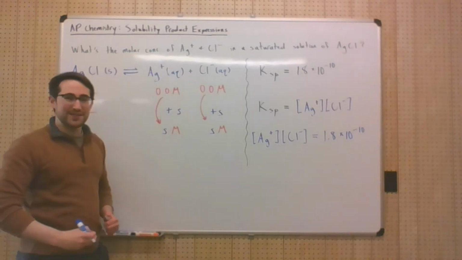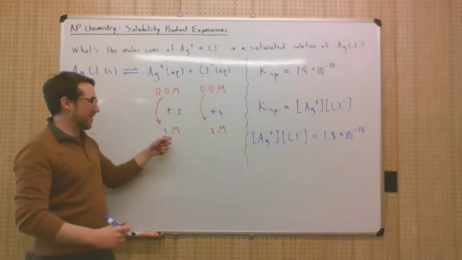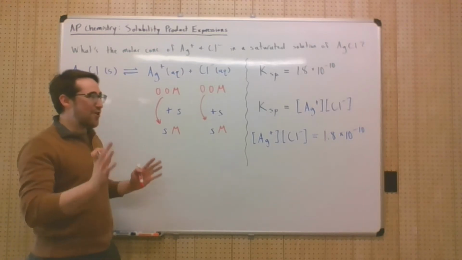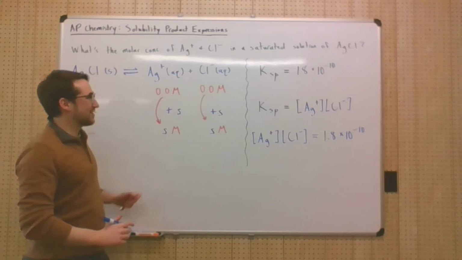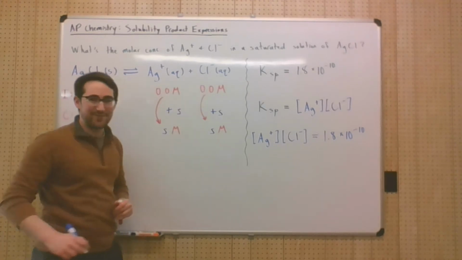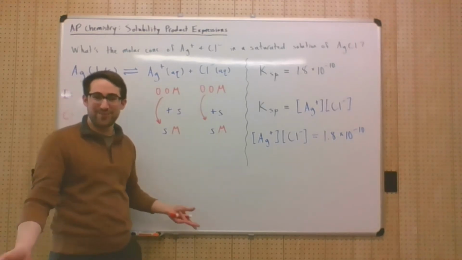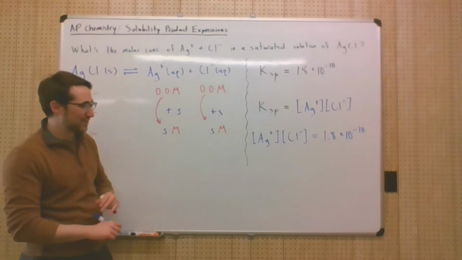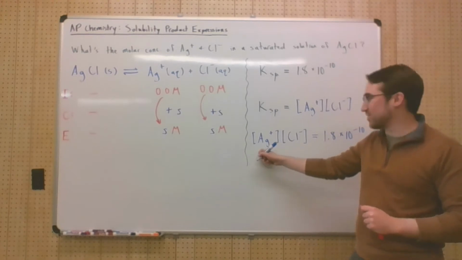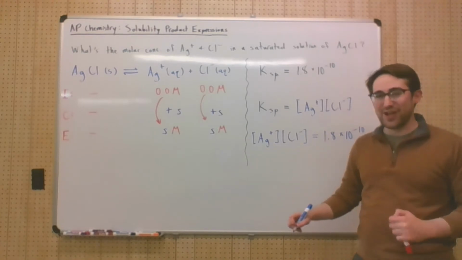Okay. Now, does that get me any closer to figuring out the concentrations of these? Maybe not necessarily, but what it does do is put me on common ground with these ions, because now they have the same variable. It's like using the x's we've done before in these kinds of expressions. So I'm going to replace the Ag+ and Cl- concentration with an s.